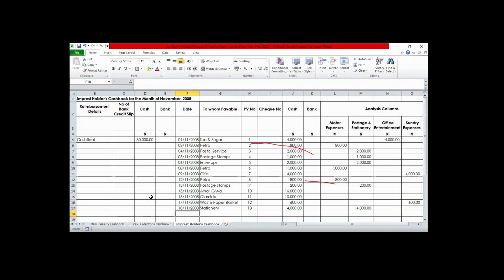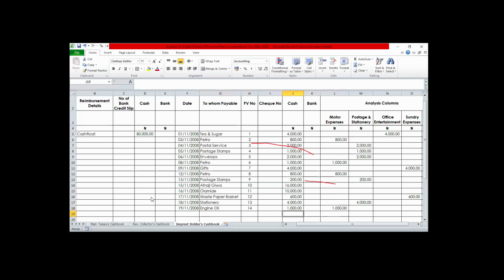The next one, November 19, purchase of engine oil, 1,000 naira. Next one, November 19, toll gate fees.